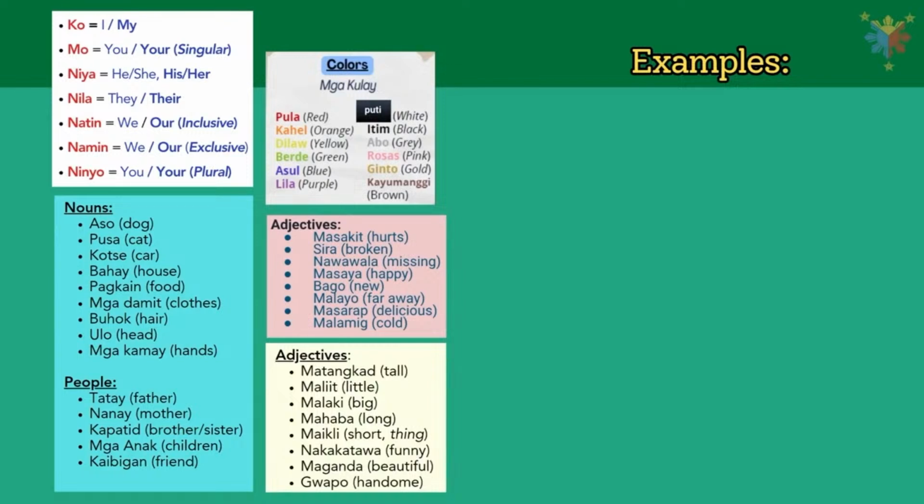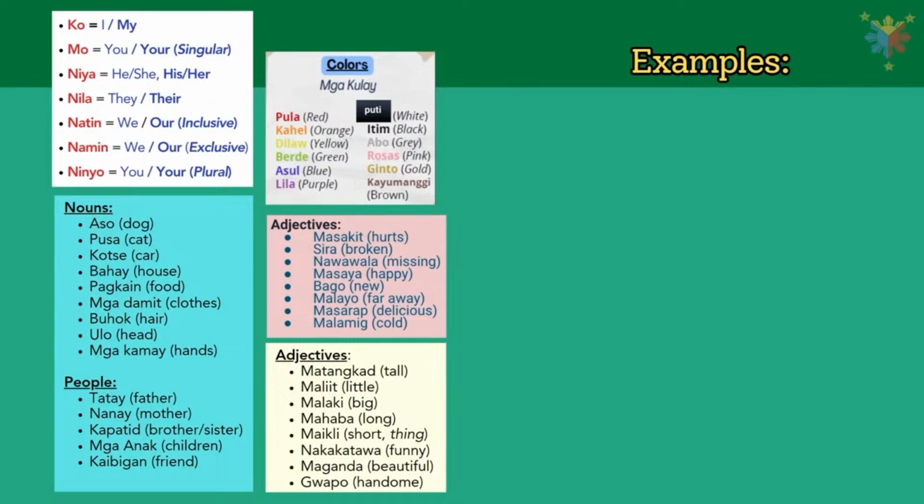Matangkad, tall, maliit, little, malaki, big, mahaba, long, maikli, short, nakakatawa, funny, maganda, beautiful, guapo, handsome. All right, so that's a lot of vocabulary right there, which is great because then we can make a variety of sentences.